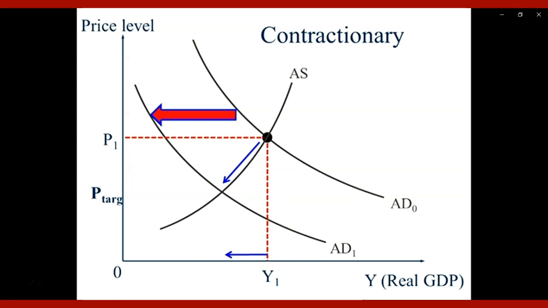Prices tend to fall towards the target, which was the point of the whole exercise, until we get to equilibrium. And if everything's gone according to plan, then the Reserve Bank has increased interest rates just enough to cause precisely the right decrease in aggregate demand, which causes precisely the right decrease in the pressure on prices. So this is contractionary monetary policy.